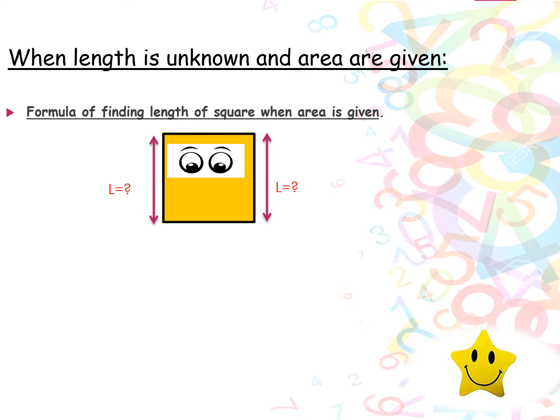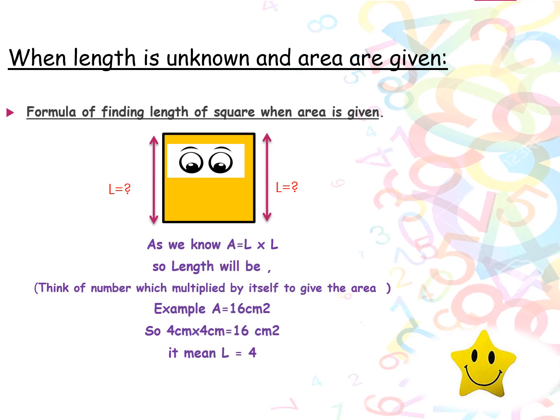Now, we are in a situation where area is known, but the length is unknown. So do you think there is a way out? As we all know, area equals length multiplied by length. So, length will be, think of a number which multiplied by itself to give the area.